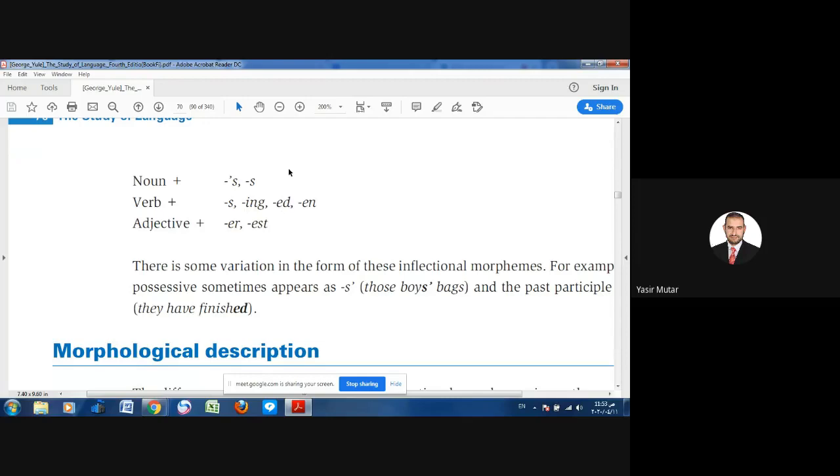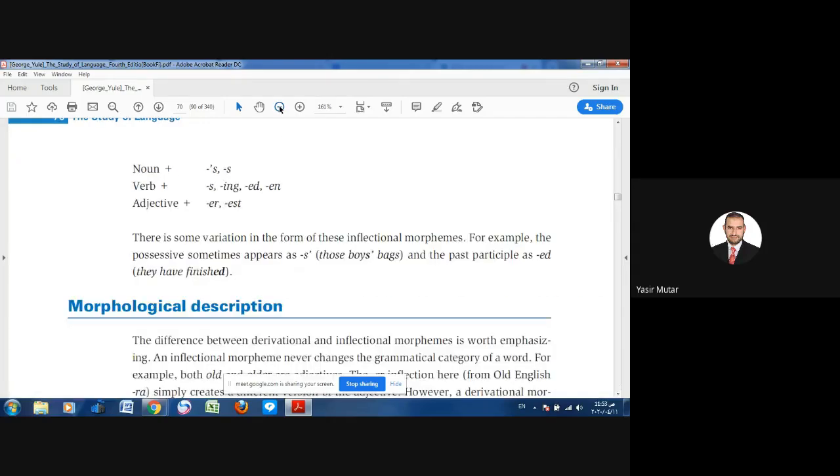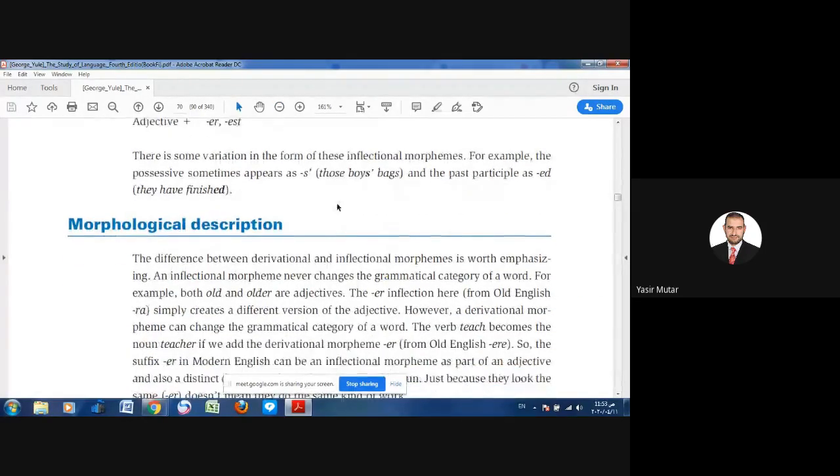We'll move to another topic, morphological description.